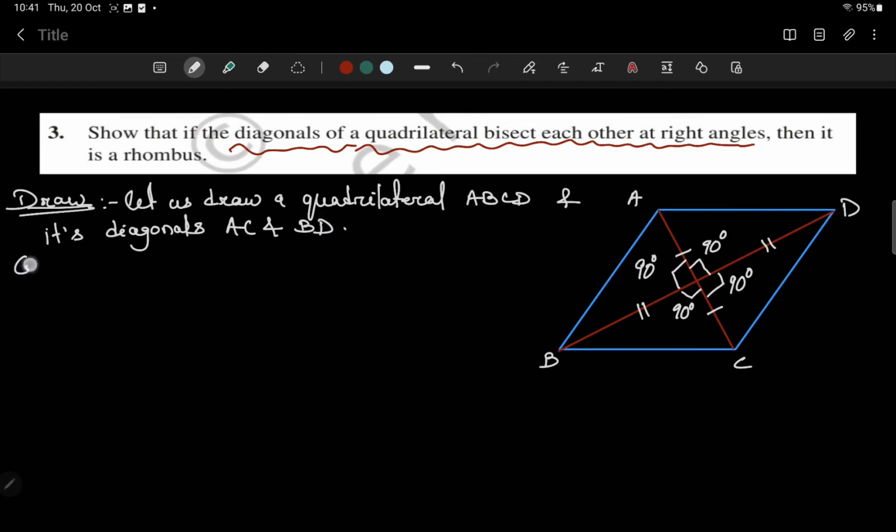Then given, what is given? Now given are that diagonals of quadrilateral bisect each other.